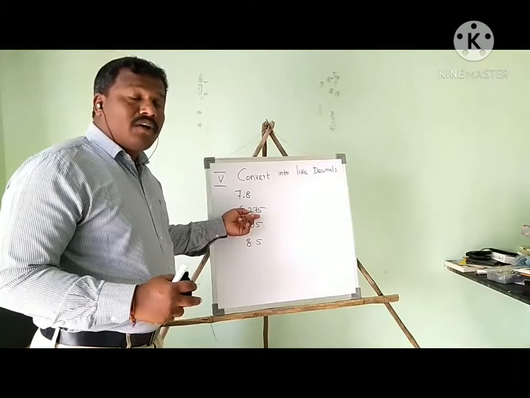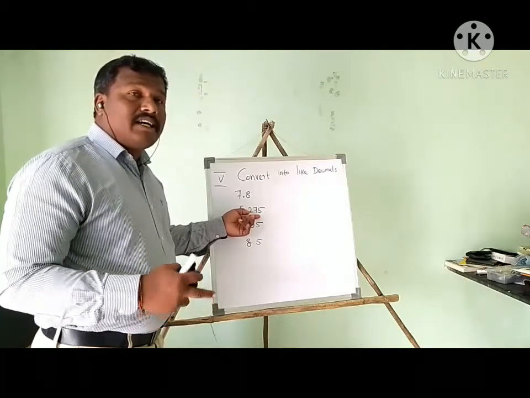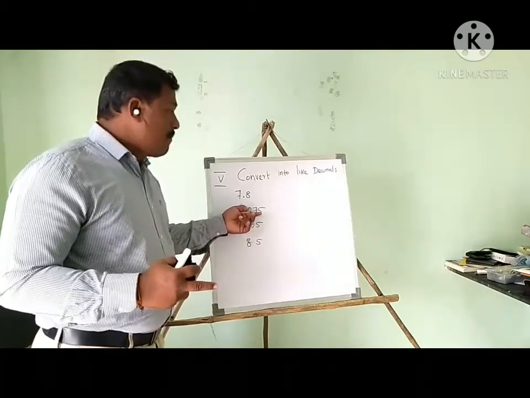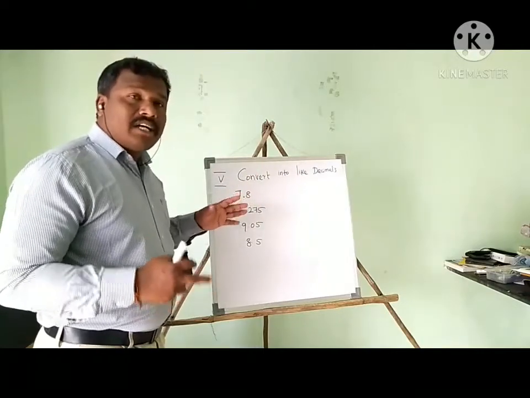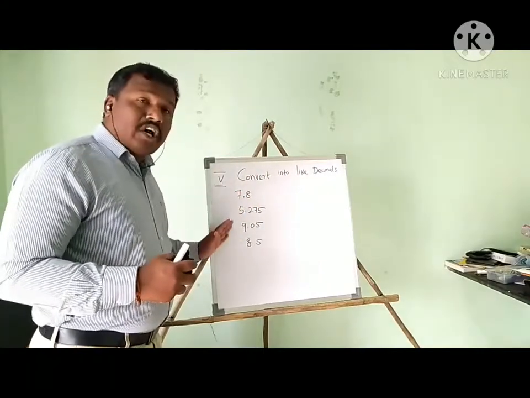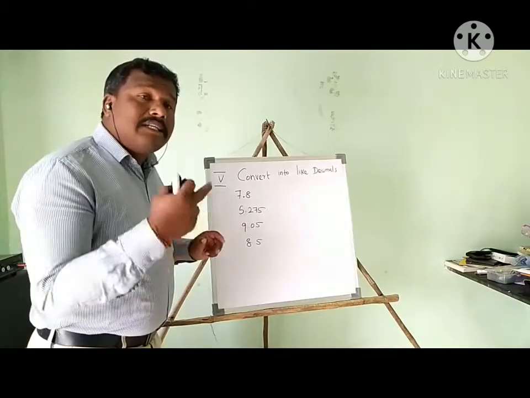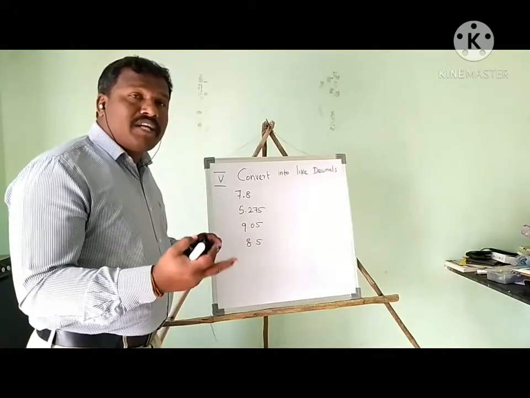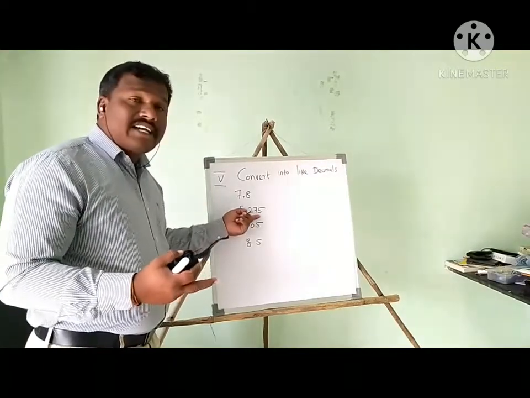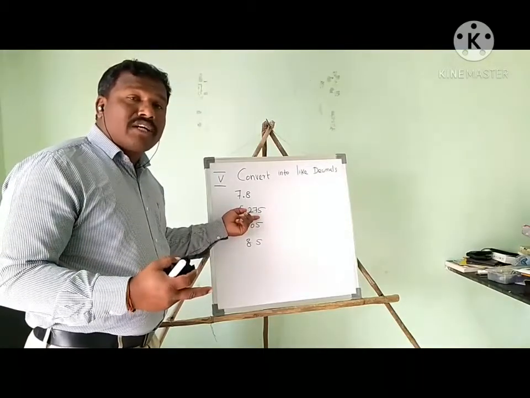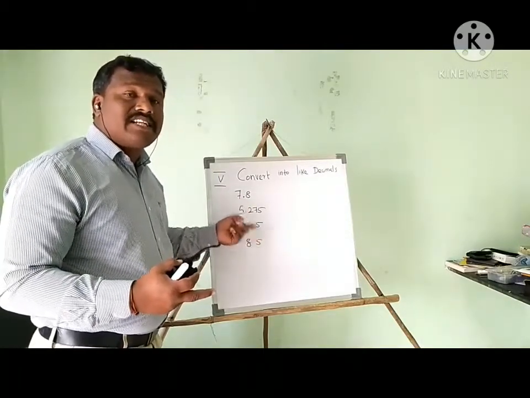So we have to convert them into like decimals. How to convert? We look at all the decimals and find which has the highest number of decimal places. So I am going to convert all the decimals into like decimals.